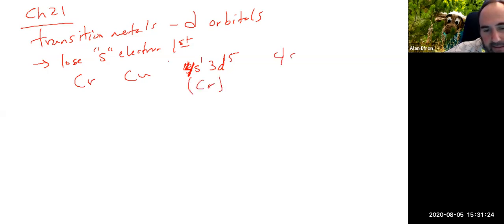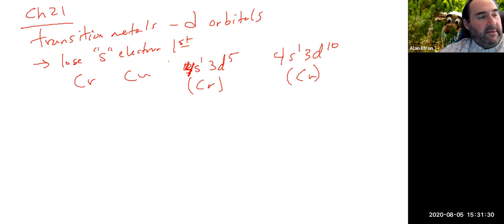And the other one ends in 4s1, 3d10 for our copper in that sense. Obviously, they have the electron configuration before that, but that's how they end. Again, one extra electron up there, making it a little bit more stable.